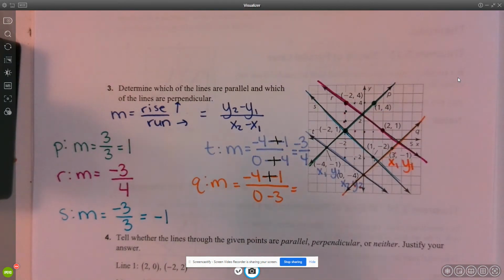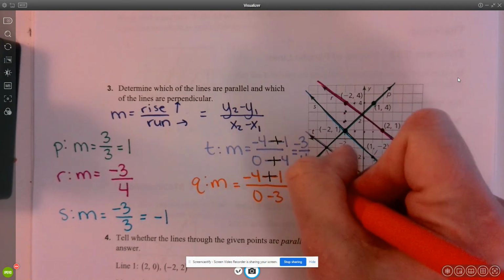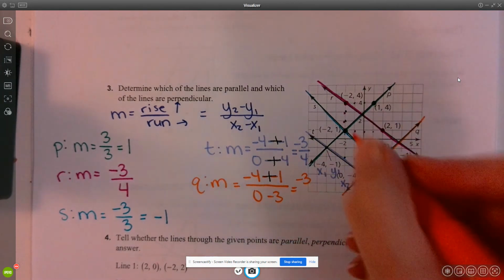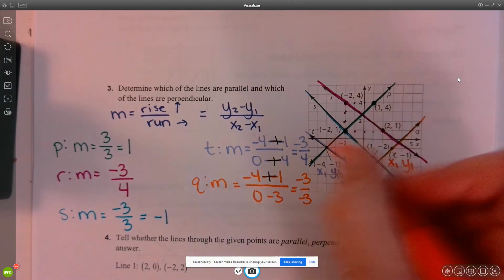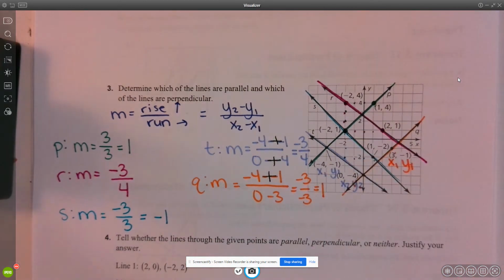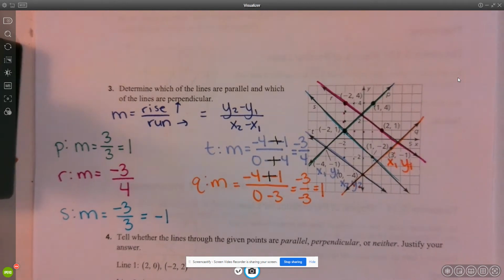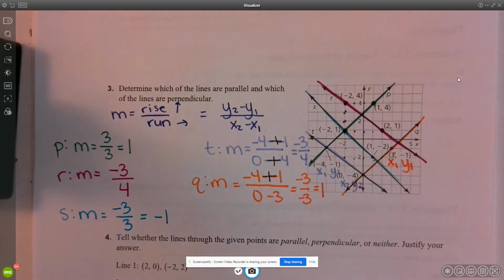Negative 4 plus 1 is negative 3. 0 minus 3 is negative 3. Negative 3 over negative 3 is equal to positive 1. All right, so we have the slopes of all 5 lines.